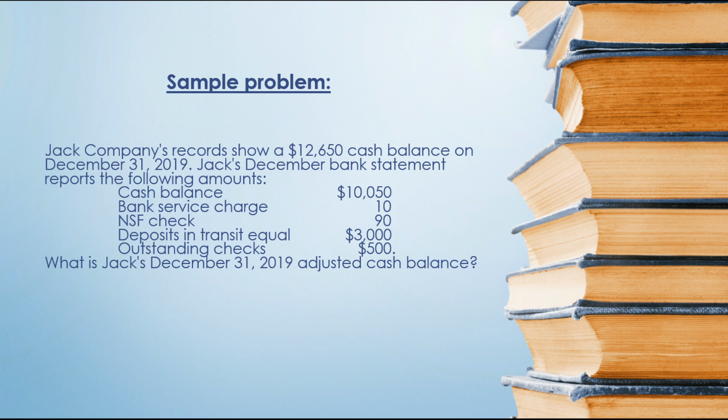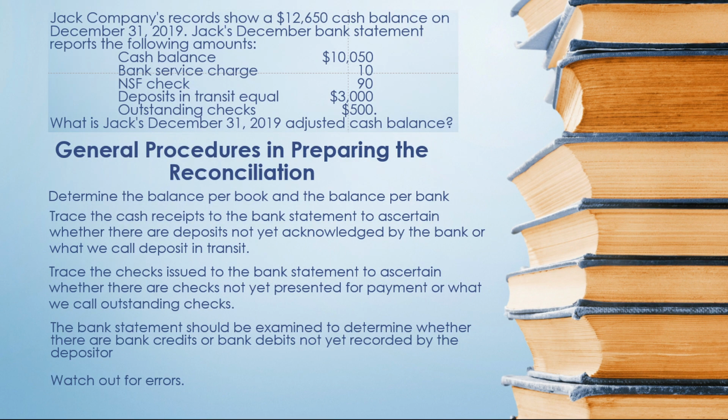Jack's December bank statement reports the following amounts: cash balance of $10,050, bank service charge $10, NSF check $90, deposit in transit $3,000, outstanding checks $500. So the requirement is, what is Jack's December 31, 2019 adjusted cash balance?